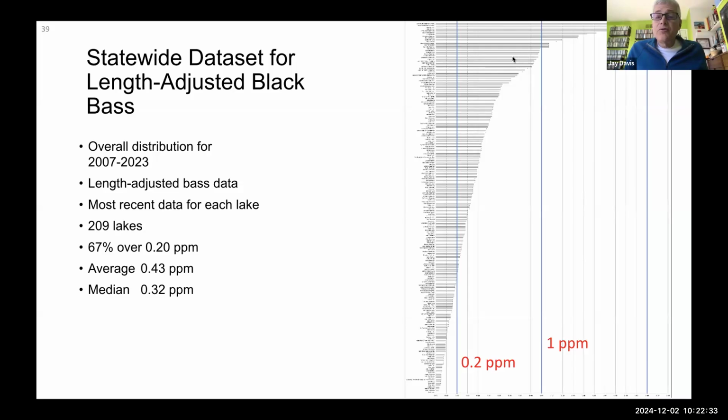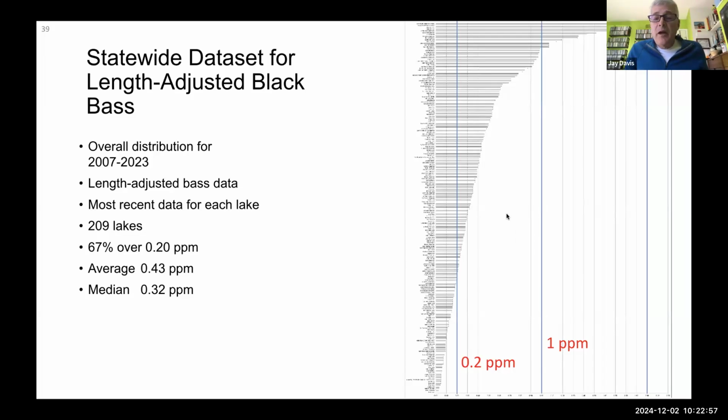This graph is just showing the overall distribution statewide. 67% of the lakes are above 0.2 part per million, which is the statewide mercury objective. The average is 0.43, and the median is 0.32.